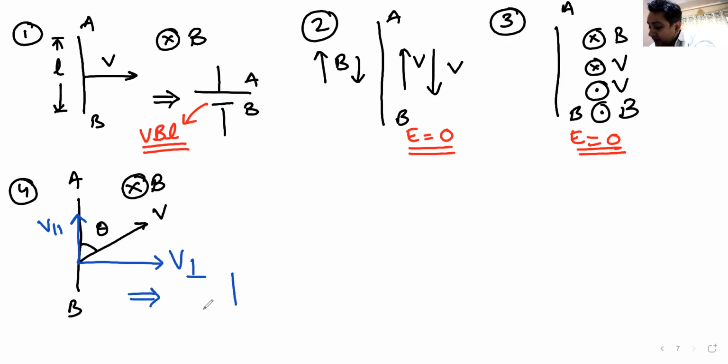So now this battery looks like this. Yes or no? This is A, this is B. How did I get the positive terminal? V cross B. A becomes the positive terminal, B becomes the negative terminal. Yes or no? Yes.